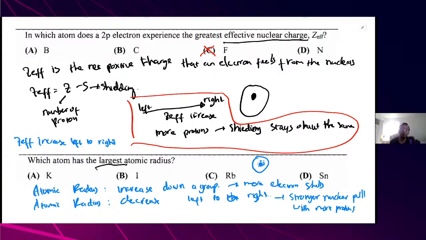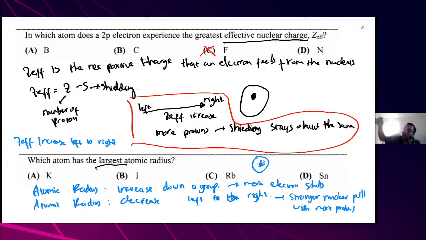It's not exactly shrinking the shell or orbital of the electron, but it has a stronger pull, like I mentioned before. That's why, from left to right, the atomic radius decreases, because of the much stronger pull from the nucleus.